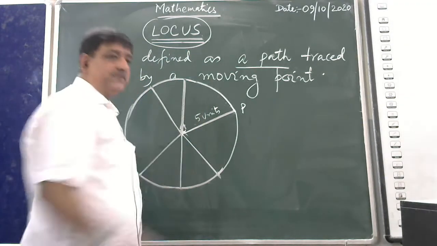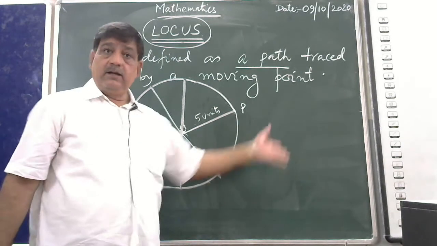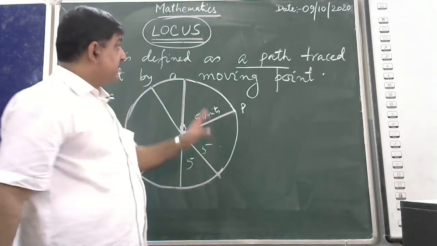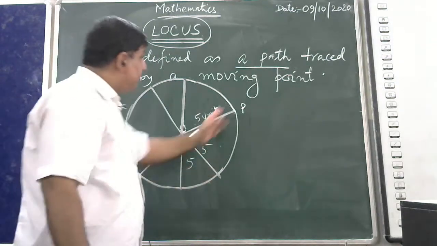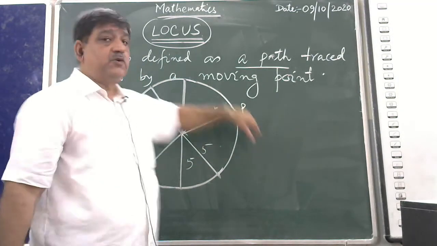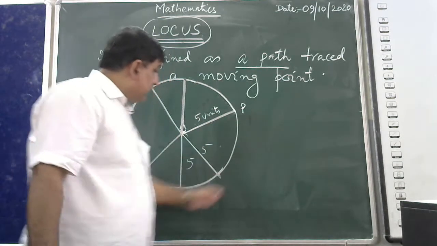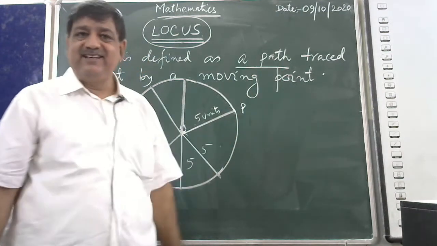Whatever be the position of the point P on the circumference of the circle, its distance is always 5 units. So, the path which it traces out is nothing but a circle. It is a circular path. And boys, this circle is defined as the locus of this moving point P.